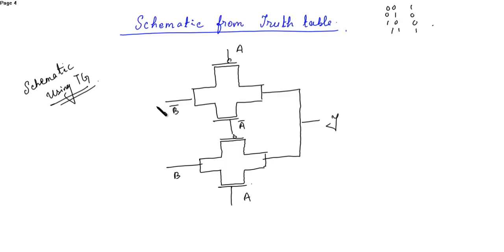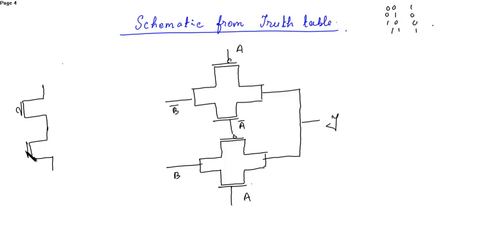Now before drawing the twisted schematic, you have to draw two more circuits here, because you have to get the inverters also. So what we will do, we'll add two more inverters over here. This is inverter 1, this is inverter 2.